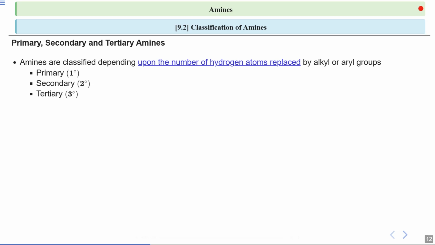Next is tertiary amines or 3 degree amines. So they have all 3 hydrogens on the ammonia replaced by alkyl or aryl groups. Okay, so if I replace all the hydrogens of ammonia by 3 methyl groups, I will get trimethylamine.